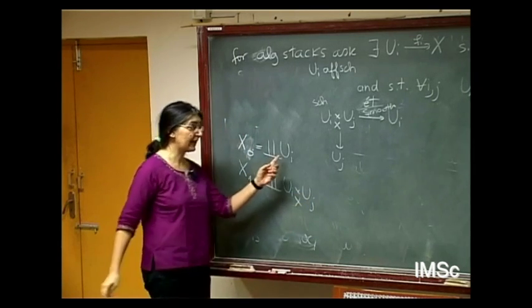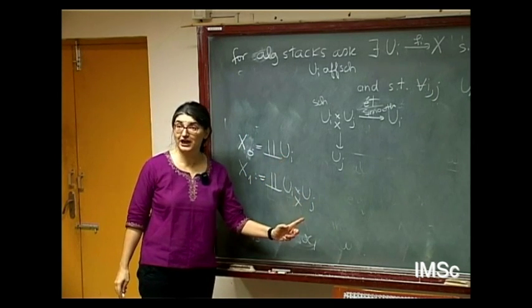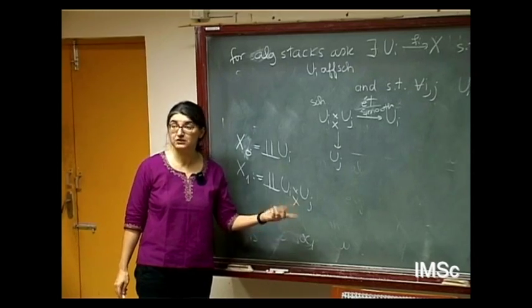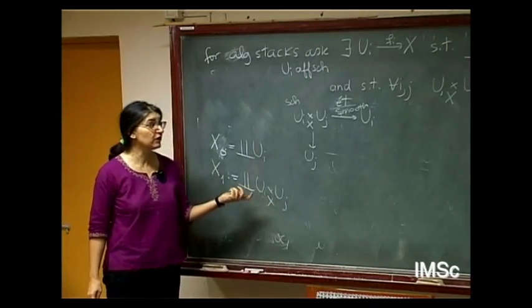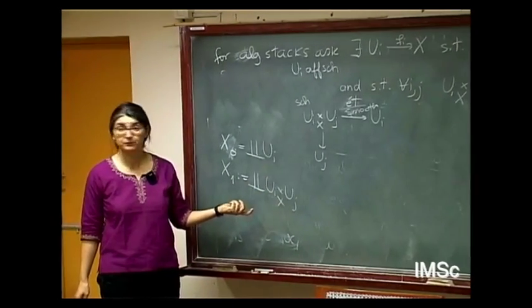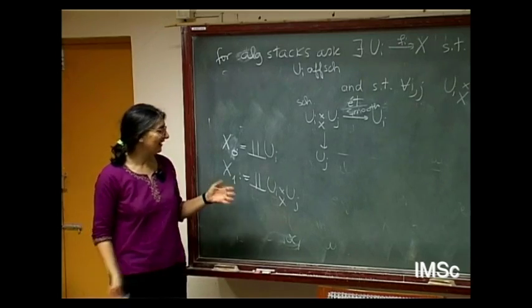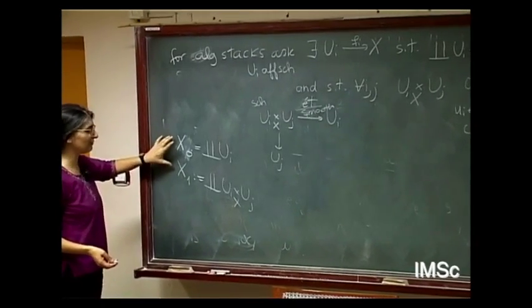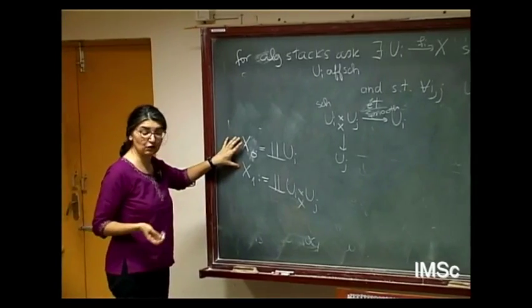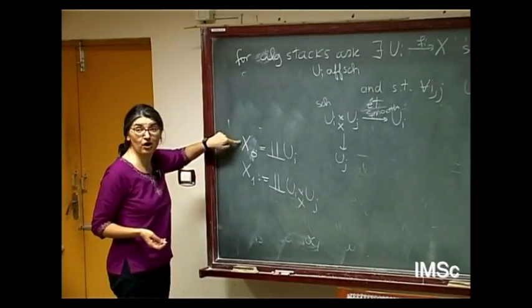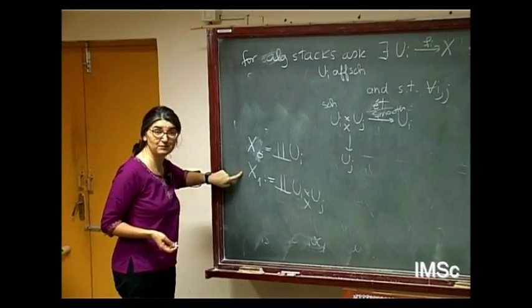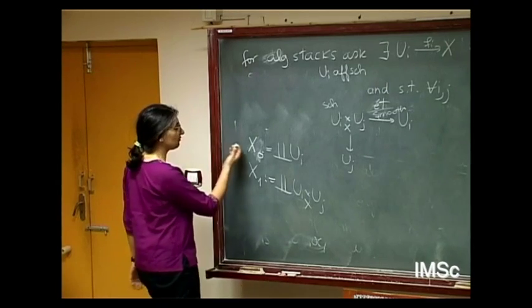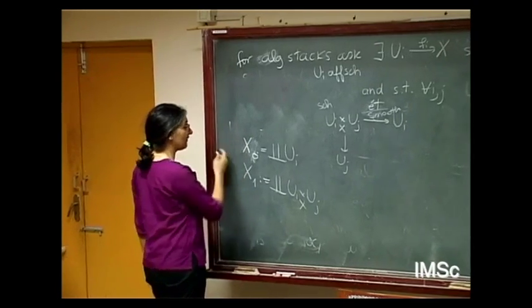And in this case, the case where i is equal to j has to be included, because now this fiber product will no longer be U_i. Well, okay, so there are two ways to define it. One possibility is to say that this is a groupoid in the sense that these are the objects and these are the morphisms. And another way is to say that this is a generalized equivalence relation.